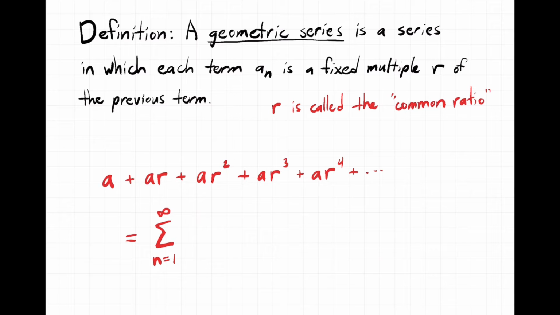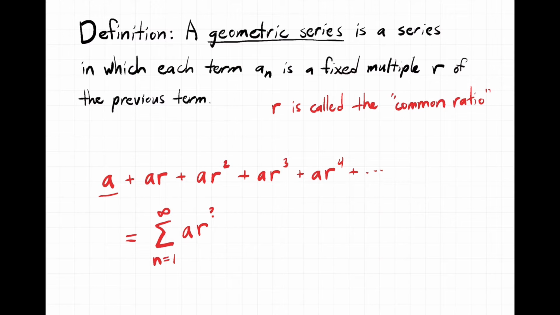Now, what is the formula that we need to write for the terms of our generic geometric series? Well, there's going to be an a in there, certainly. And the problem I have is that when n is 1, the starting term here, there are no copies of r. So we are going to have to multiply by r, but the question is, what is the power on the r going to be? When n is 1, there's actually no r's.